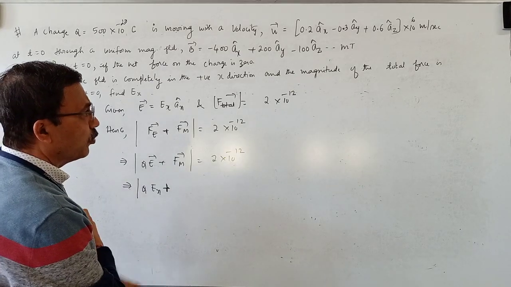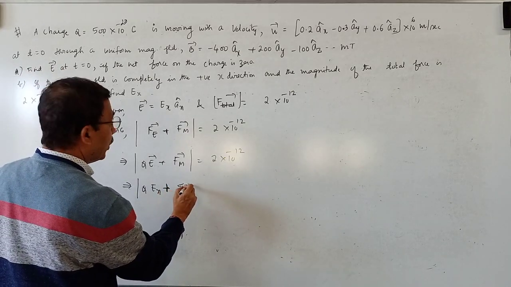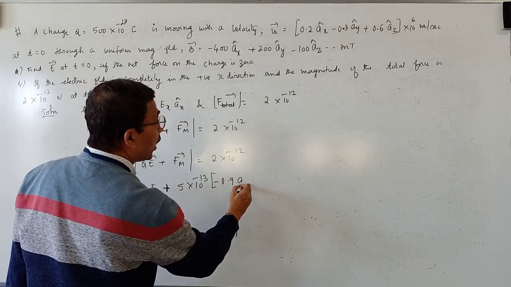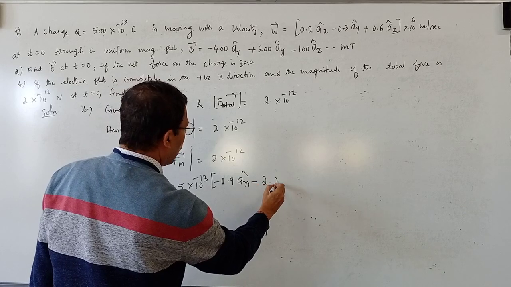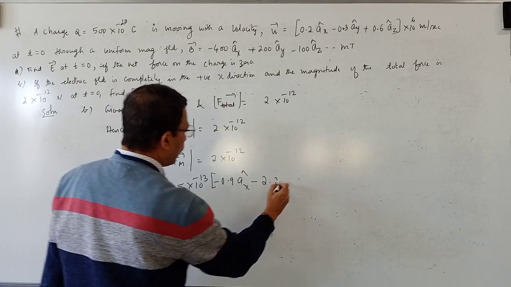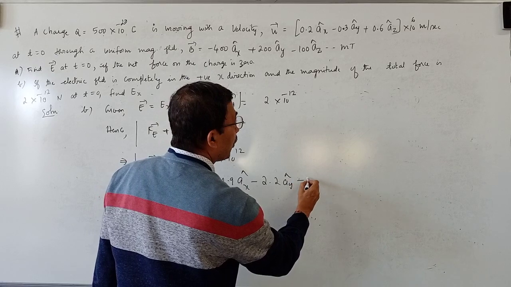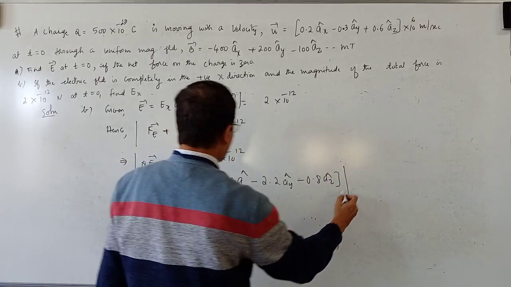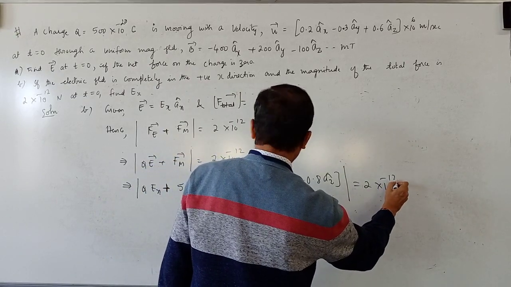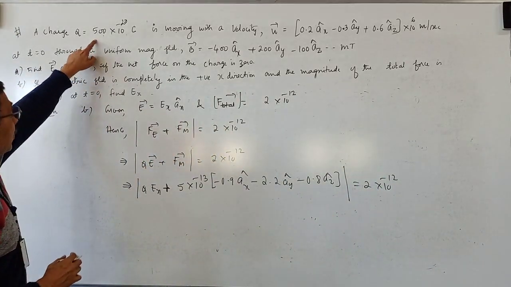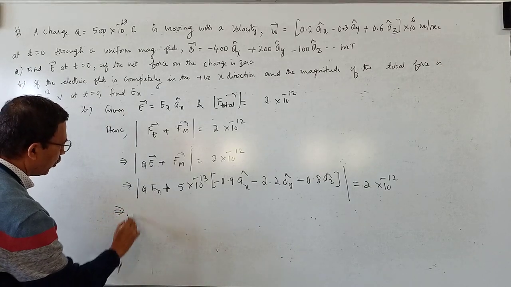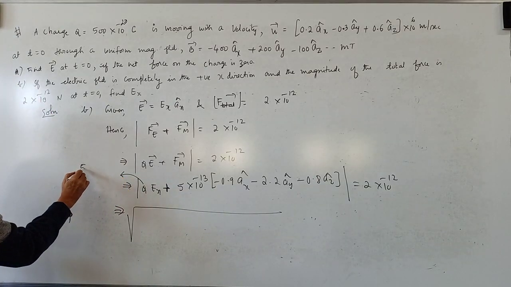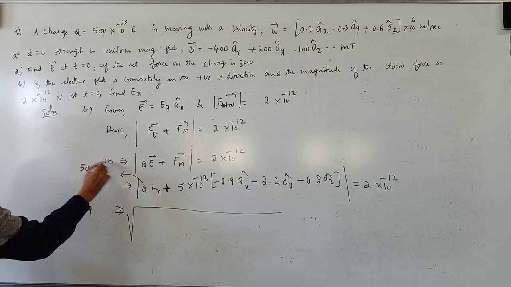Fm is, we have got that expression, it is 5 into 10 to the power minus 13 into minus 0.9 Ax cap minus 2.2 Ay cap minus 0.8 Az cap. Modulus of this is equal to 2 into 10 to the power minus 12. What is Q? This implies square root of, what is Q? Q is nothing but 500 into 10 to the power minus 20.